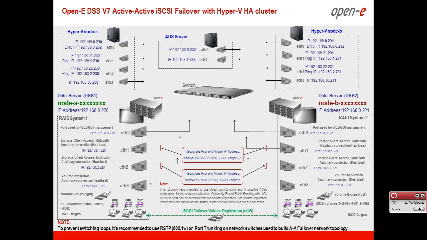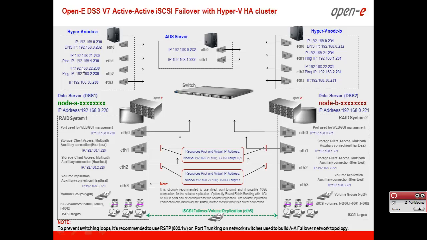In this case that will be the Active Directory server, and it will have all the same features and roles installed as the Hyper-V nodes, plus the Active Directory Services role.